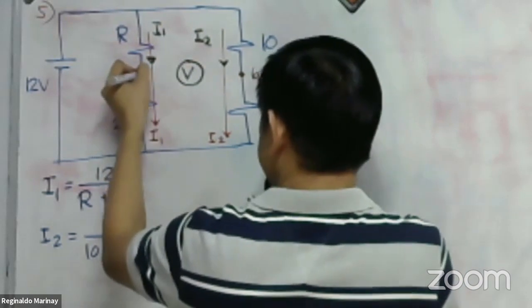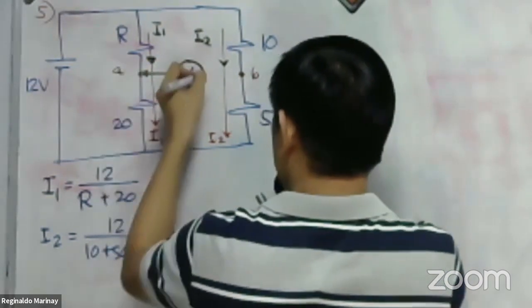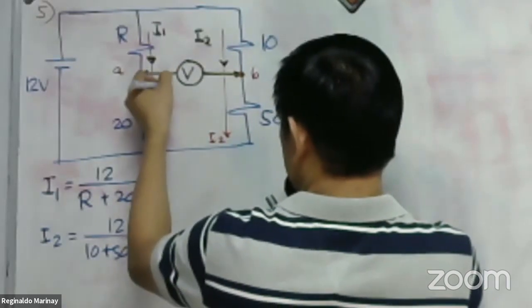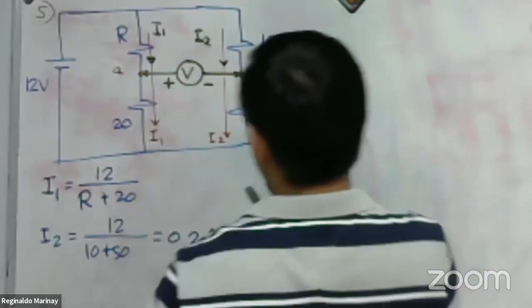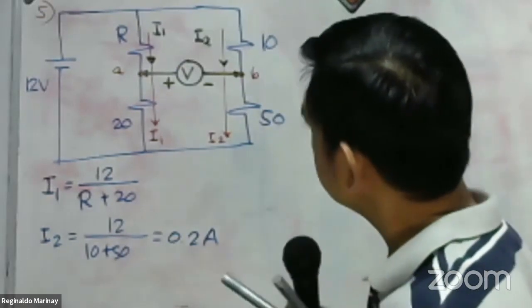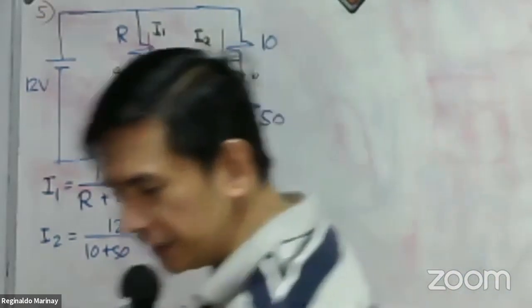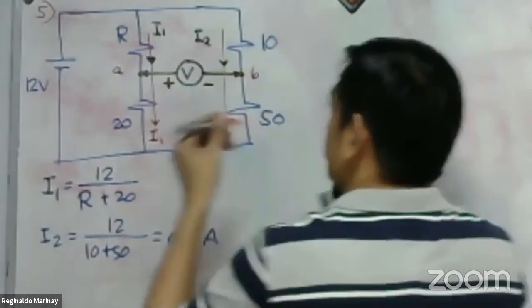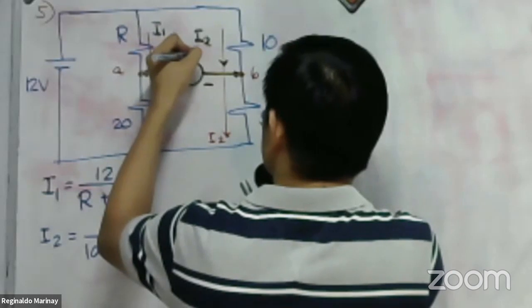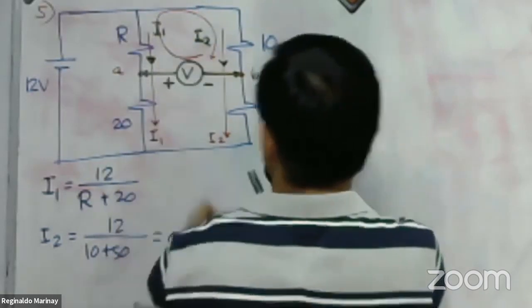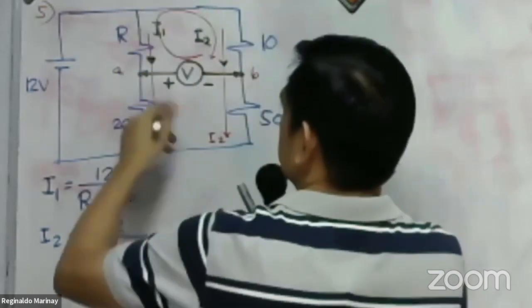I will put it again in point A and in point B, with a positive and negative terminal. I will have a circuit with only one loop. See? That is a clockwise direction.